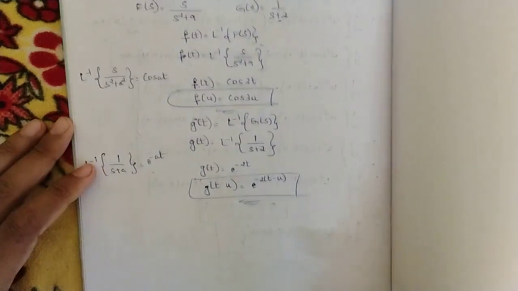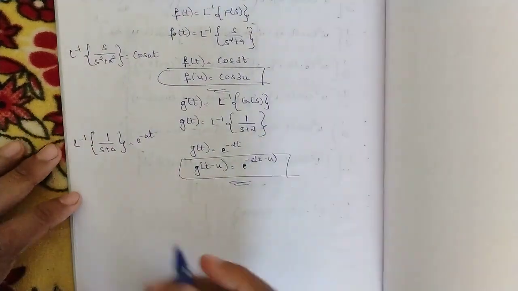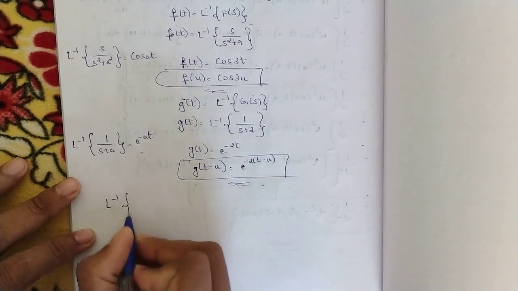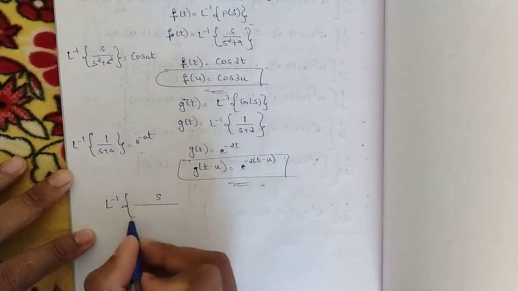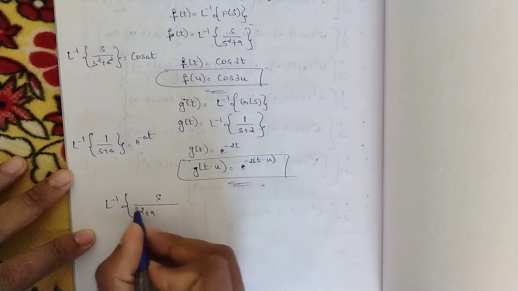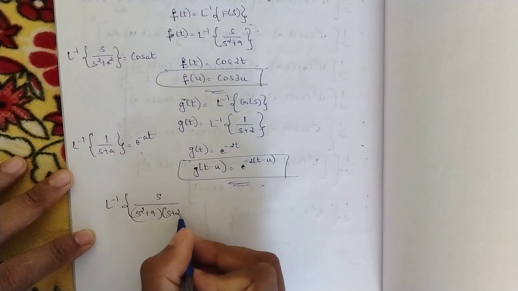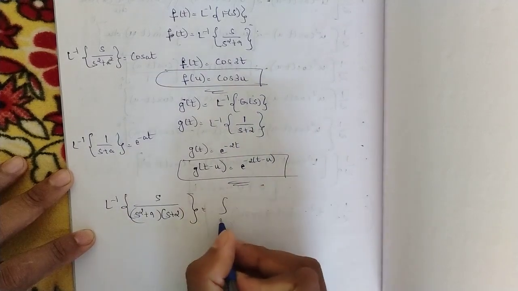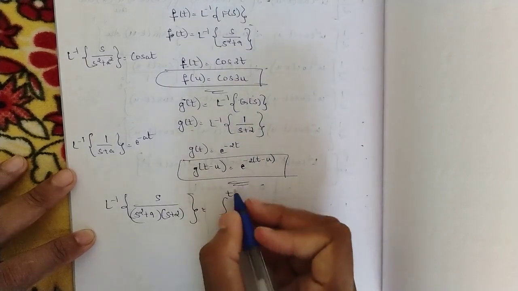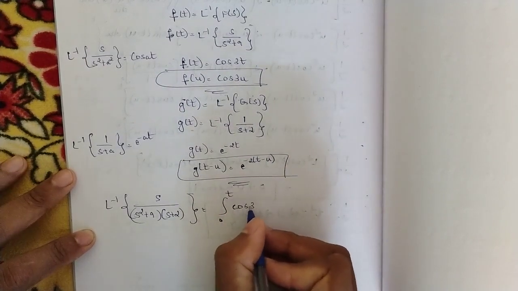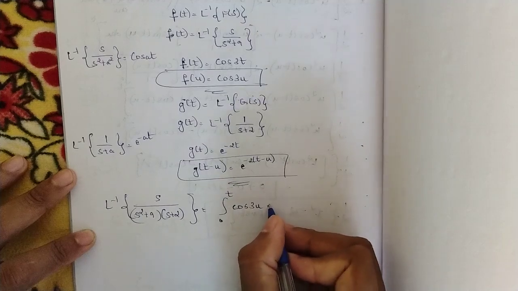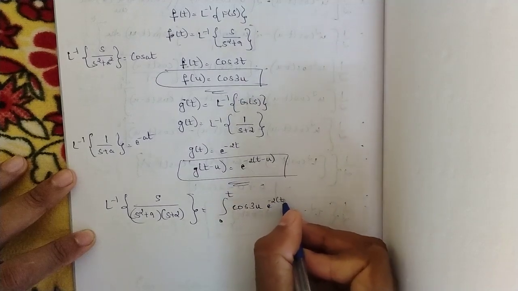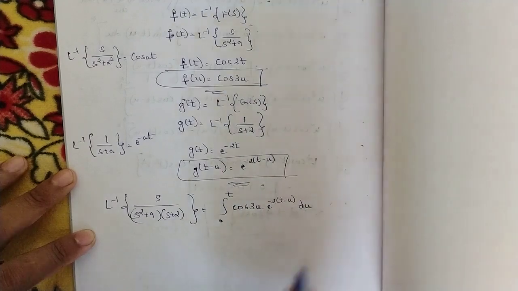So now finally do the integration part, that is L inverse of s by s square plus 9 into s plus 2 is equal to integration from 0 to t. F of u is cos 3u, g of t minus u is e to the power minus 2 into t minus u du.